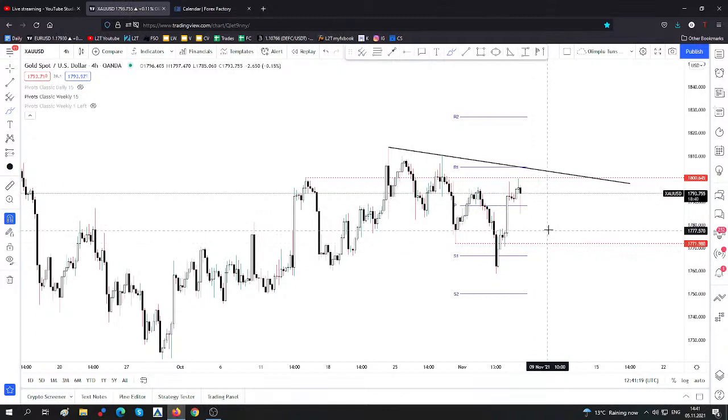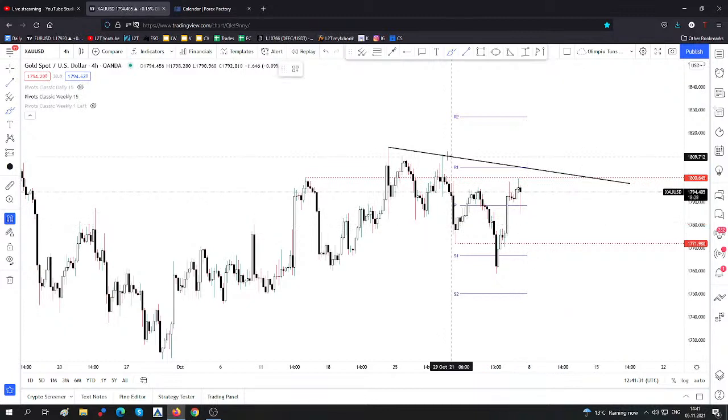So personally, I'll wait here to see how the price reacts around this resistance level before deciding maybe to go long or short.